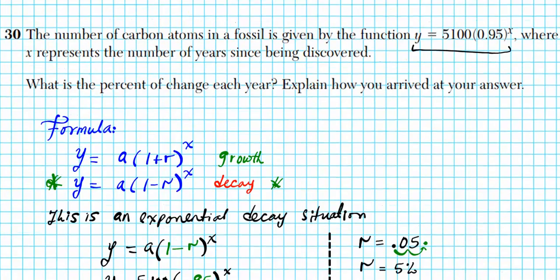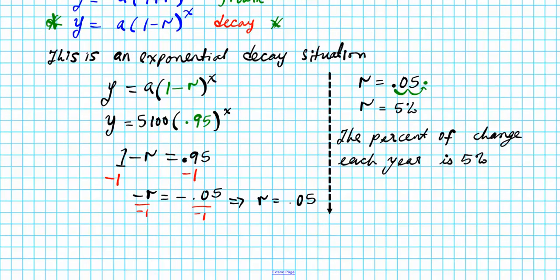Now don't forget the second part. We're asked to explain how you arrived at your answer. So all you have to do here is basically explain the process that you used to arrive at your answer, okay? You're not trying to create anything fancy. You're just explaining what you did in word format.